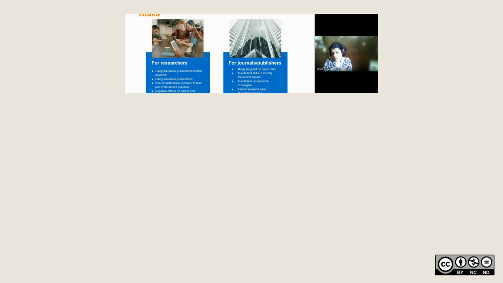And also, you may have a limited reviewer data pool, and then you might be tempted to engage reviewers suggested by authors, which is usually not recommended, because there is a risk that they might be complicit with the authors and involved with paper mills. And as a result, your reputation might decline, and you may be delisted from various indexes.